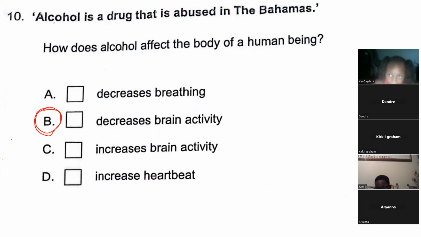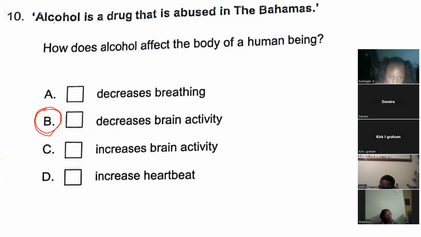C. Increased brain activity. D. Increased heart rate. The answer is B. Decreased brain activity. What's the answer, Kirk? The answer is B. Decreased brain activity.